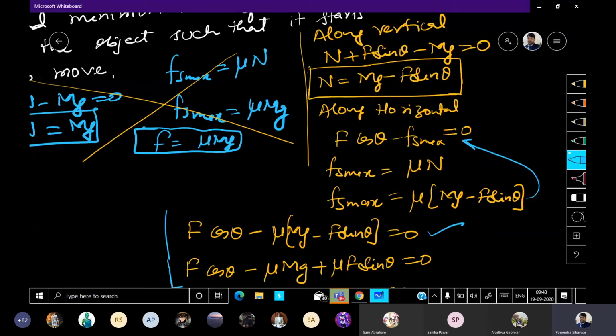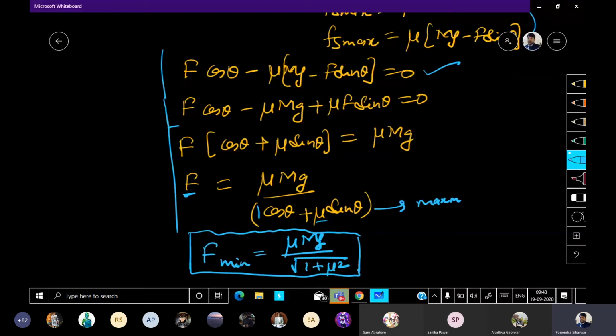Then I opened the bracket and found the value of F, which comes out to be mu mg upon (cos theta plus mu sin theta).